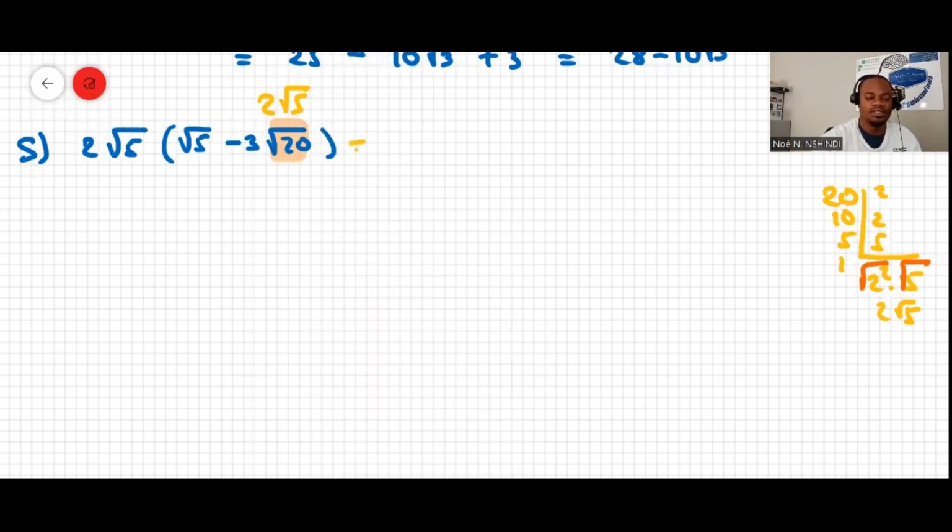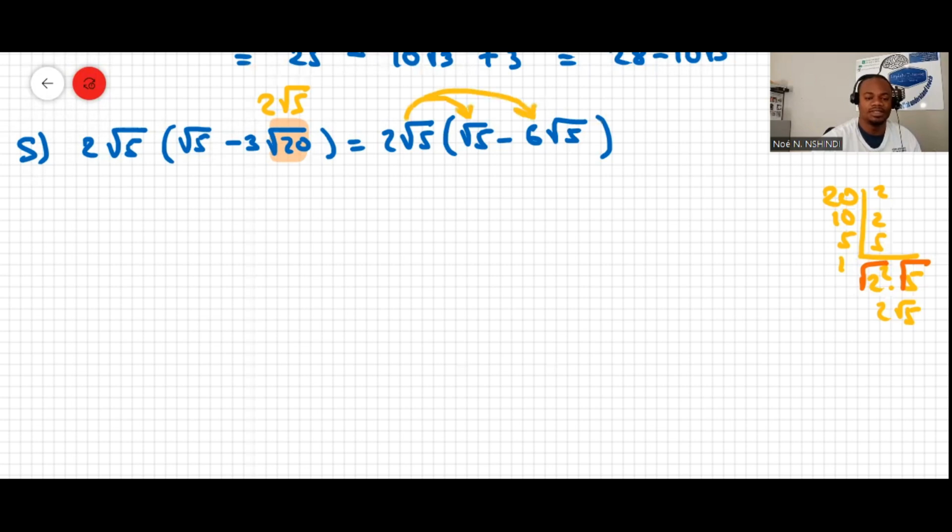Then this expression can be written as 2 root 5, open brackets, root 5 minus 3 times 2 makes 6, so negative 6 root 5. It can be rewritten like that. Now we distribute.